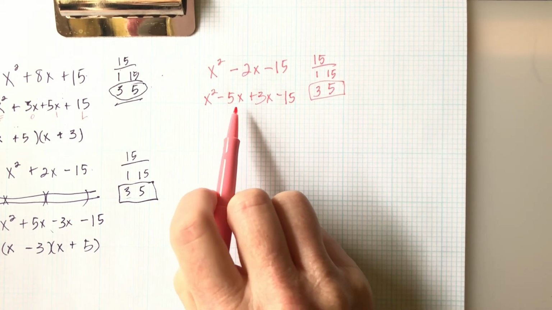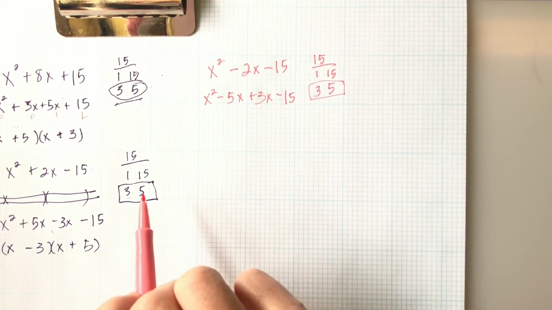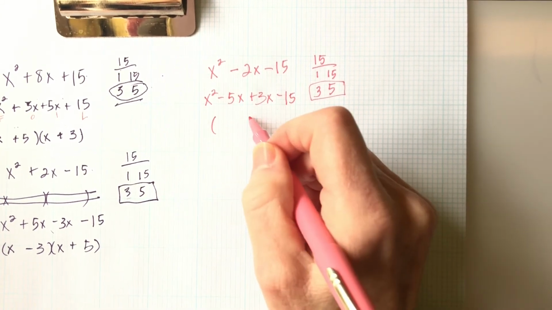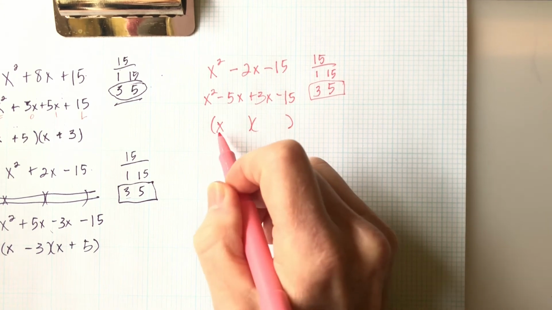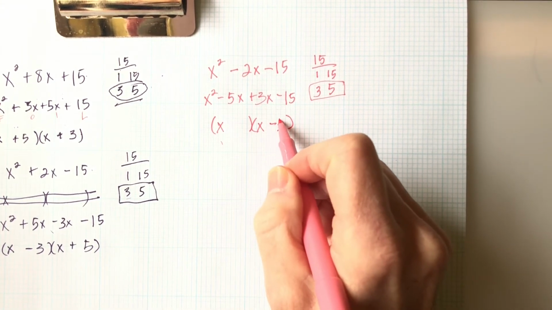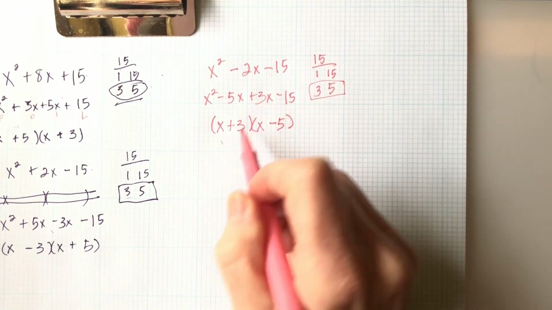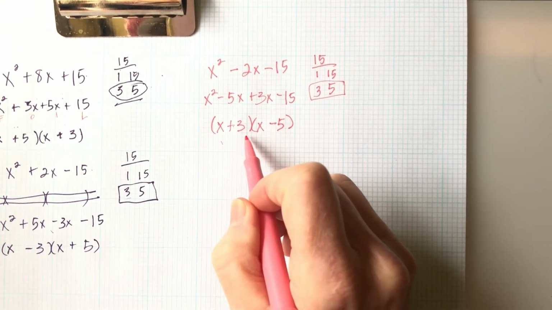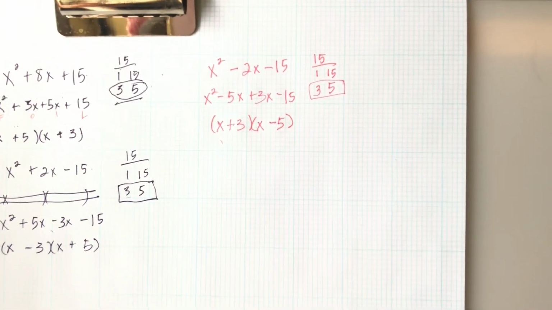Because I'm going to have negative 5x and a positive 3x to get the negative 2x. So again, I'm going to have that x there, x times negative 5 to give me that negative 5x, and then a positive 3 here to give me positive 3x, and then 3 times negative 5 would give me negative 15.